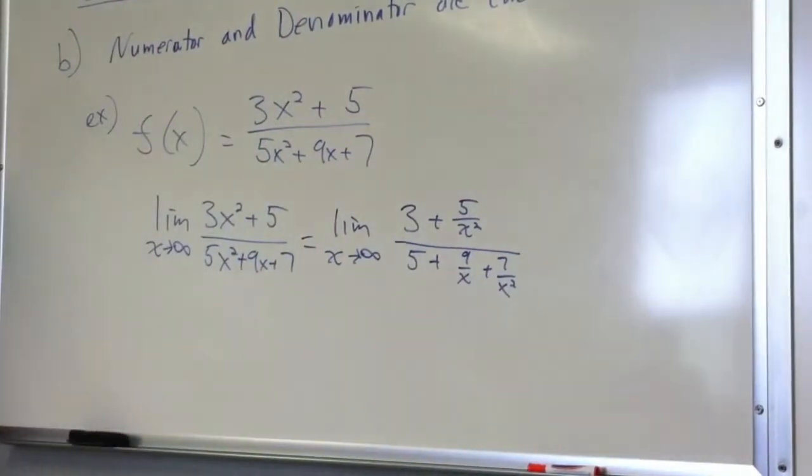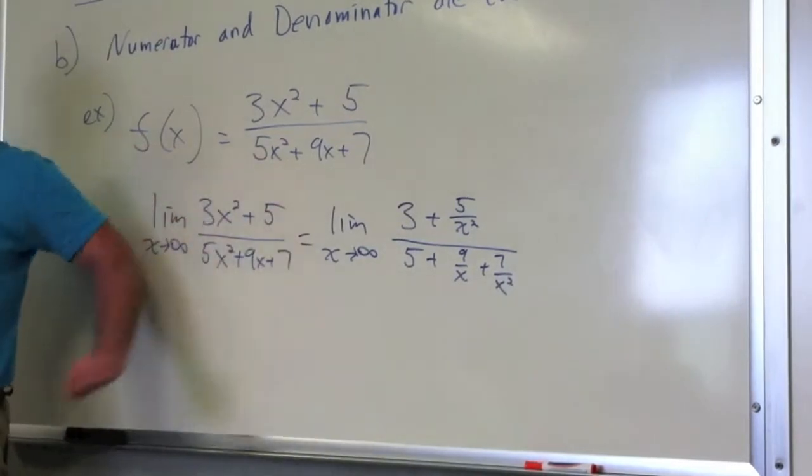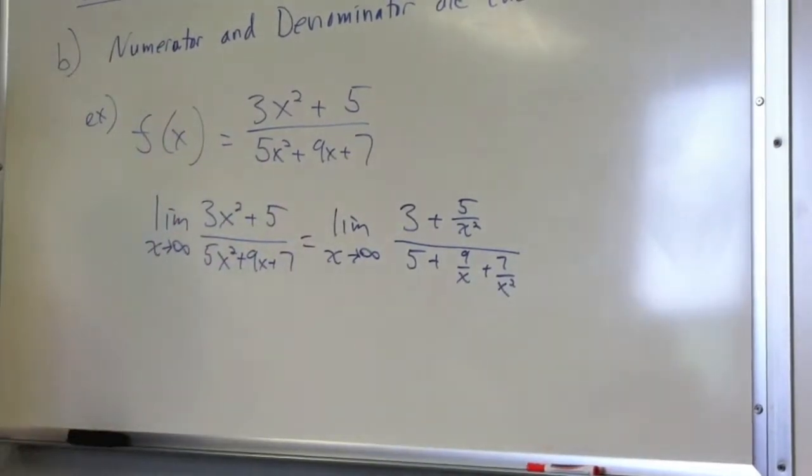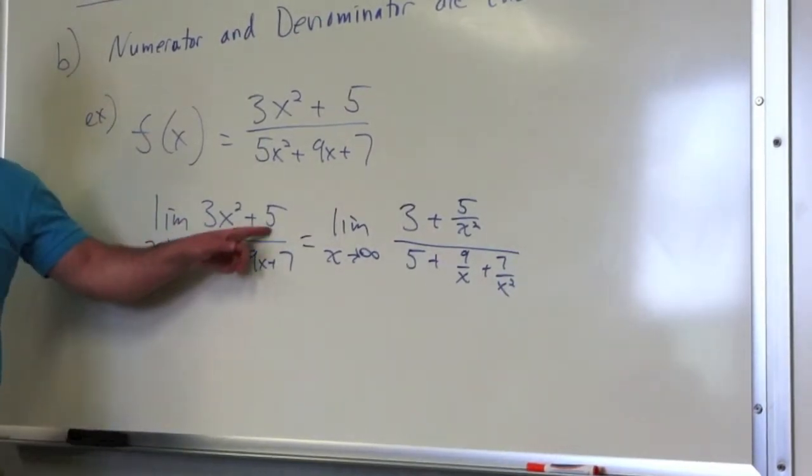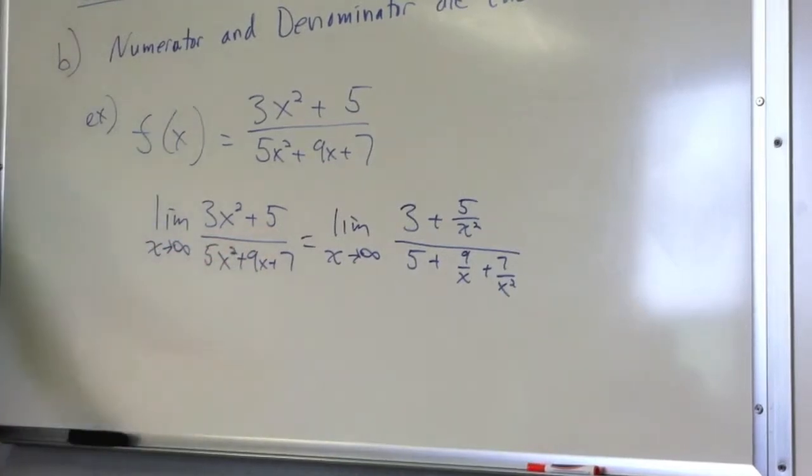Have I correctly multiplied top and bottom of this fraction by 1 over x squared? Yeah. It gets rid of the x squared here, gets rid of the x squared here, makes this 5 over x squared.